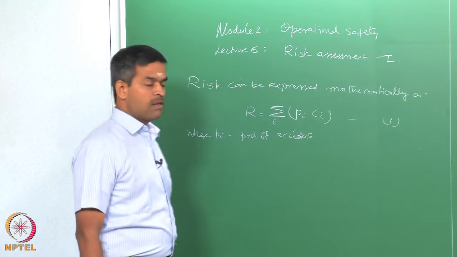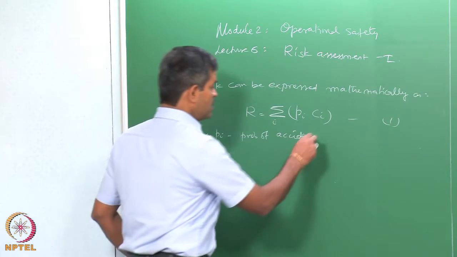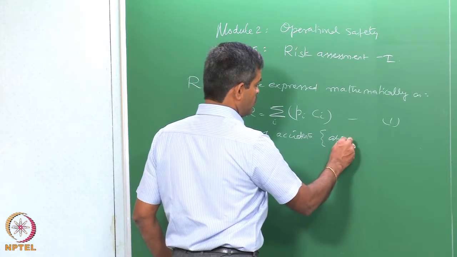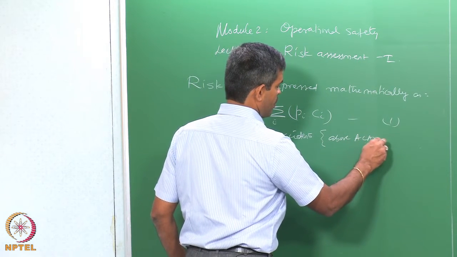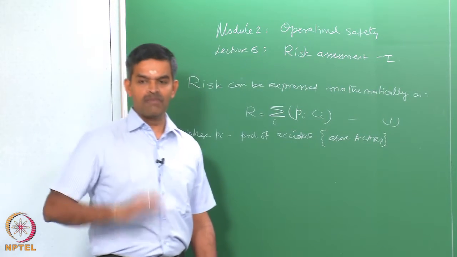Please understand, when I am including certain accidents which count for the risk, these accidents are above the LRP level, because in offshore industry we have something called risk acceptance level.